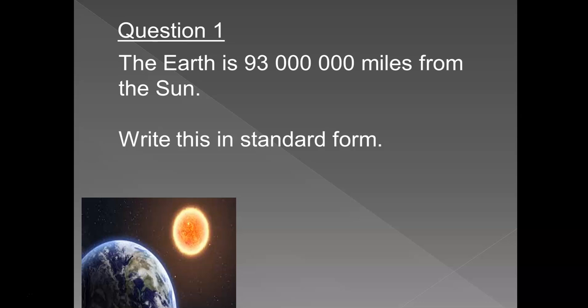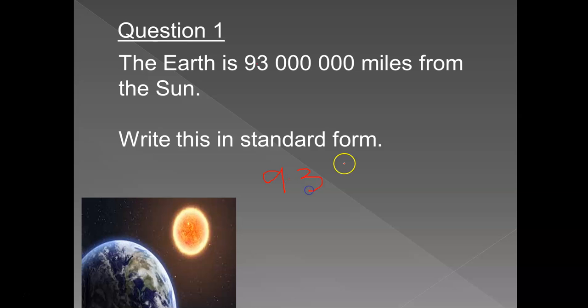Another question. The Earth is 93 million miles from the Sun. Write this in standard form. Alright, so remember that we must get a number that is less than 10. So it would be 9.3. This is where our point would be, right? And then now we need to count. So let's write 9.3.